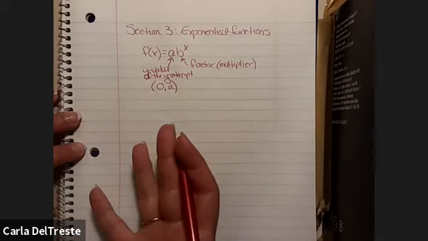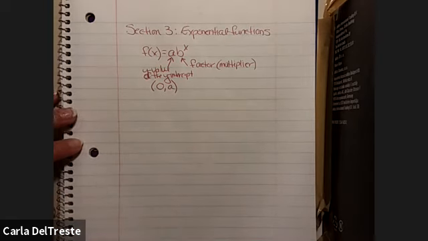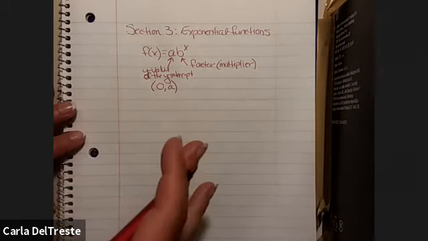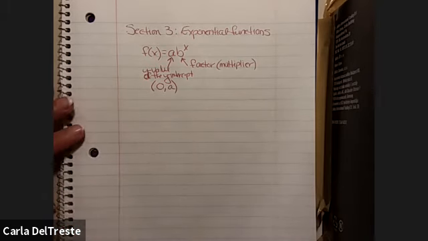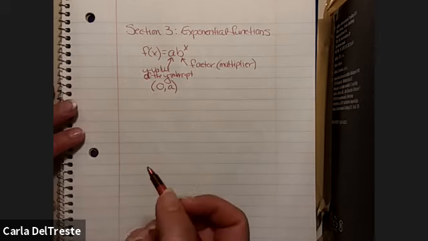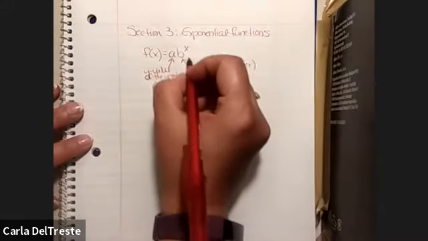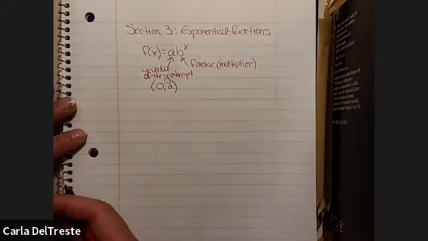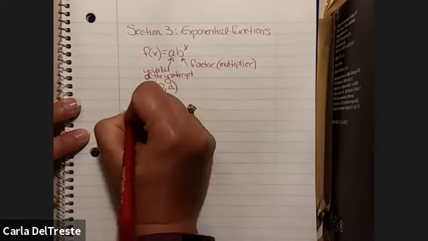We had done an example making a table using this form. So I hope everybody feels comfortable with this idea that this is always going to be true for an exponential function. So we learned about how the factor size will tell you if you have growth or decay. So let's put that fact in.